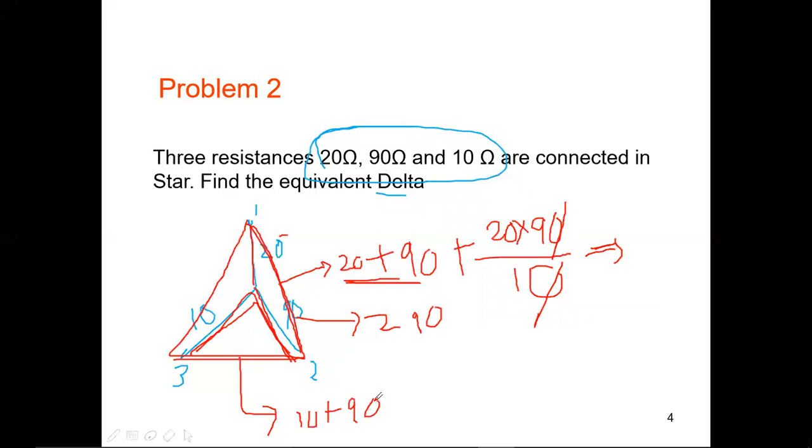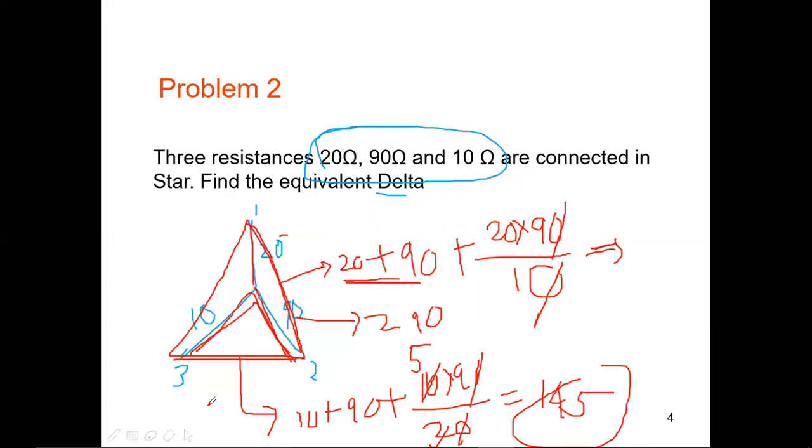Then the product of this 10 and 90, by 20, right? Then let me cancel each other. 20 and this is 25, 5 9s are 45, 45 plus 10 is 55, 55 plus 90 is 145, right? This value will be 145.